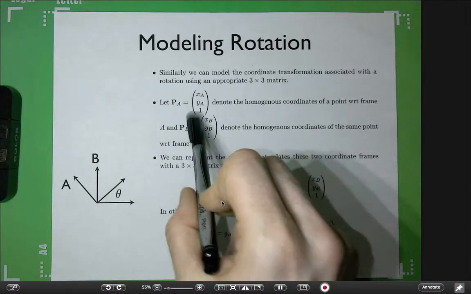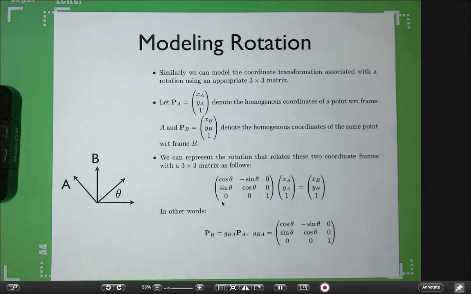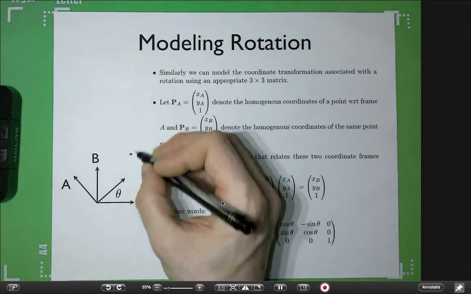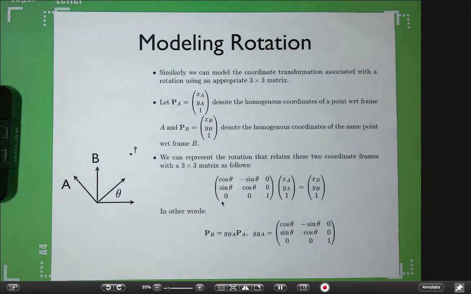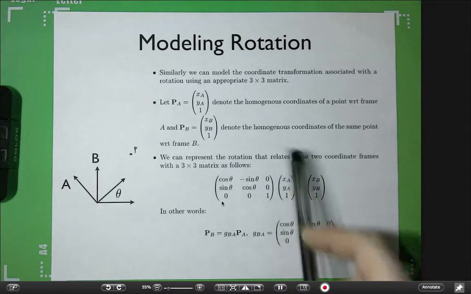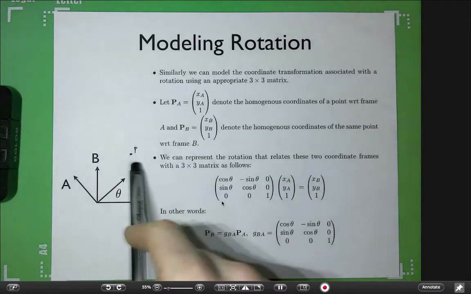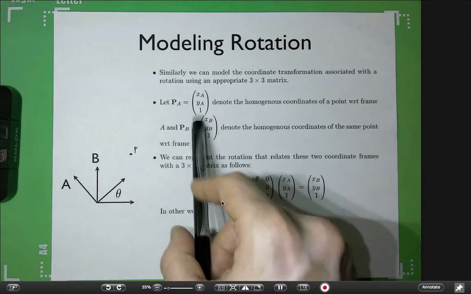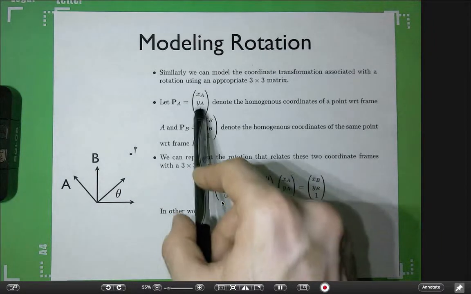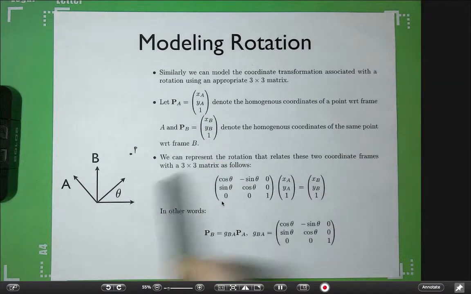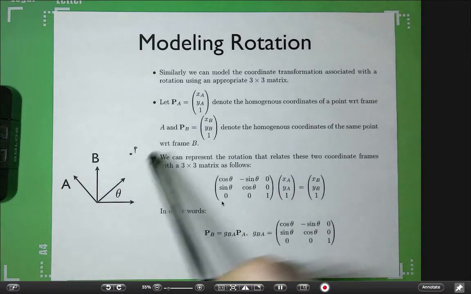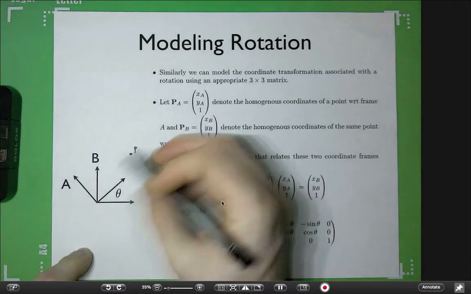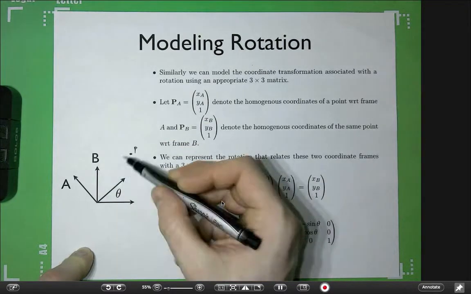The setup is the same: the point can be anywhere, it works for every point equally well. The coordinates are again xi, yi, and the homogeneous 1, and PA are the coordinates with respect to one frame.